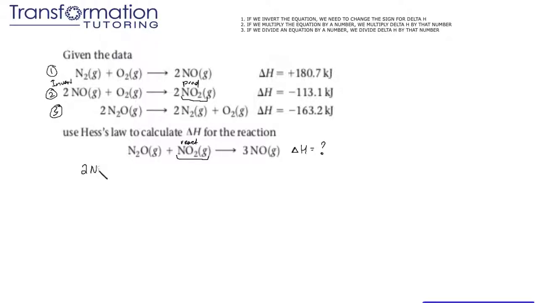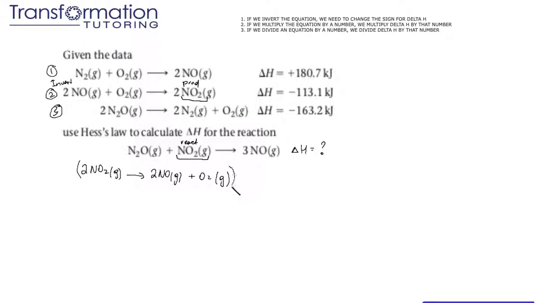I'm going to get 2 NO2 gas goes to 2 NO gas plus O2 gas. Another thing that you will notice is that there is no number in front of NO2, which means it has a coefficient of 1, but this one has a coefficient of 2.